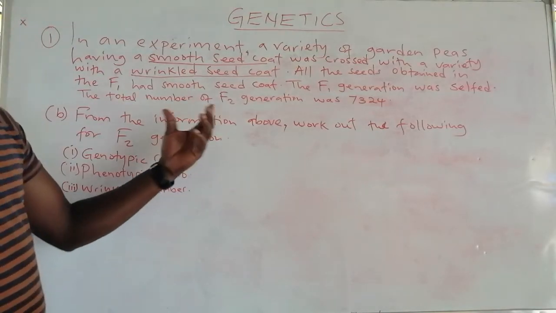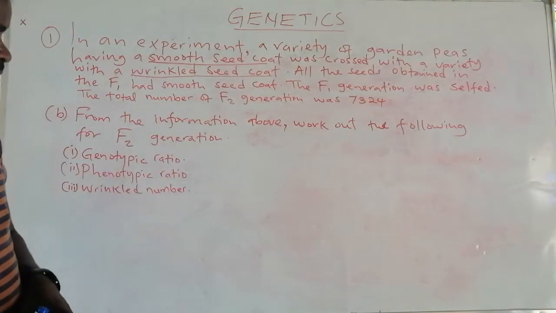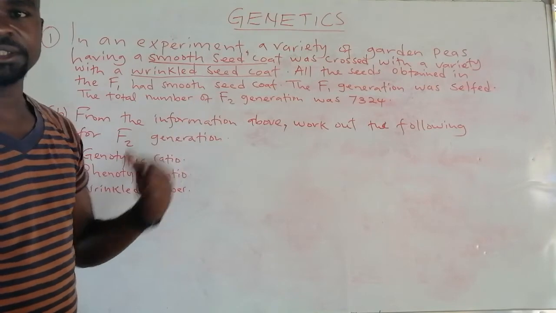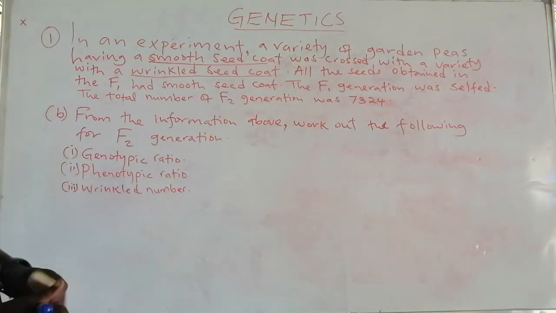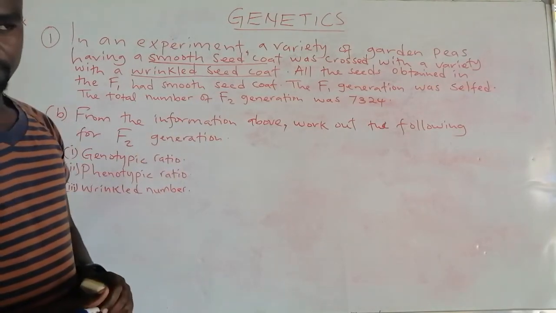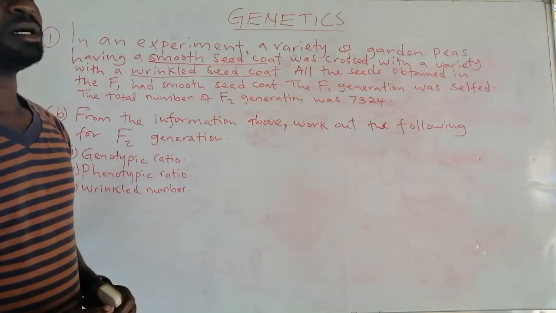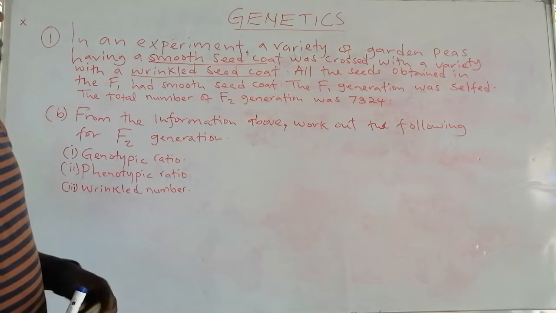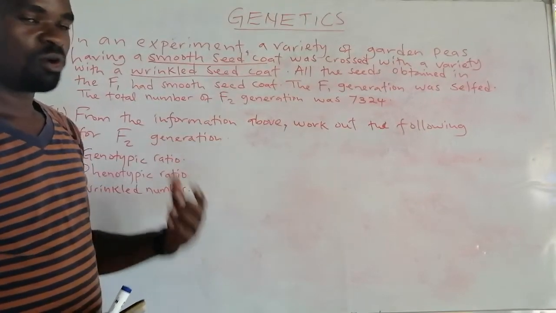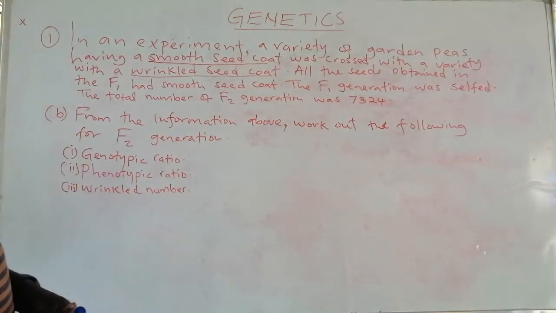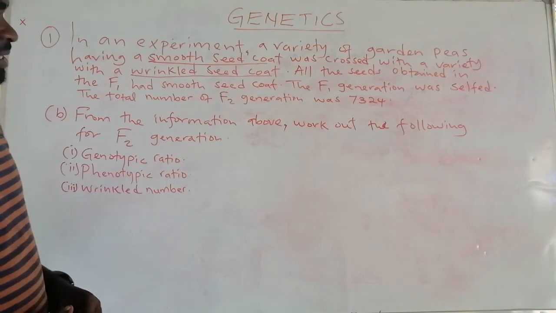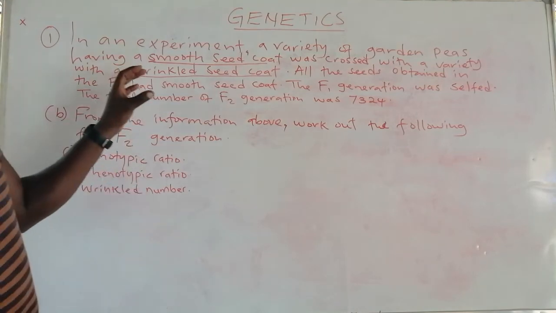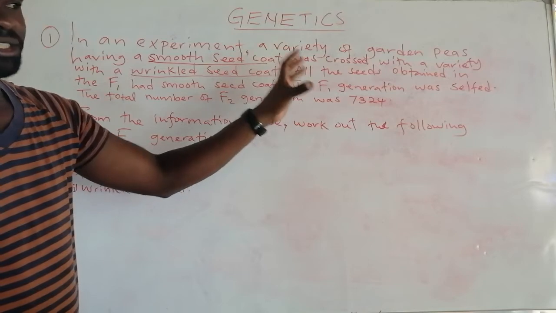So we are going to self F1 generation. From our first cross, we obtained the four offsprings of F1 generation, and we realize that all four were in heterozygous state, meaning all of them were smooth seeds.